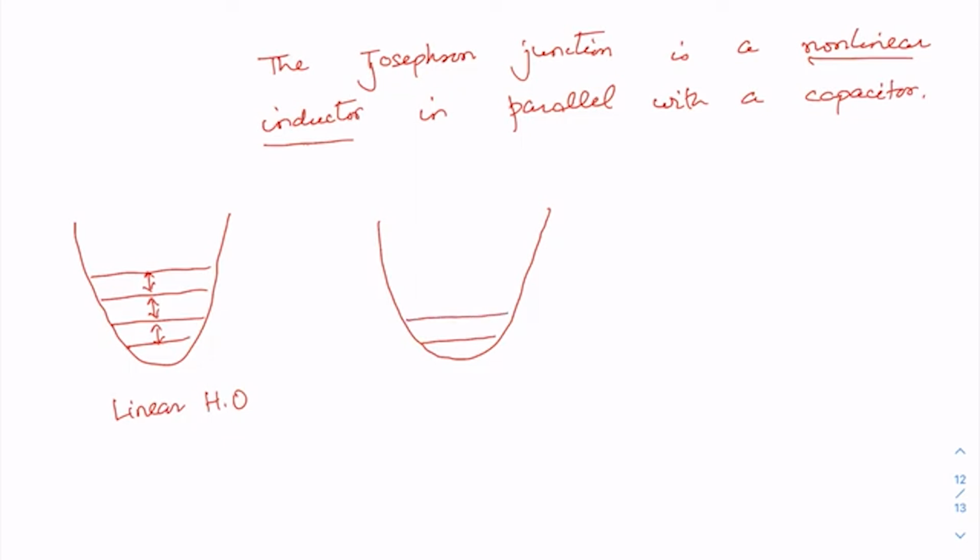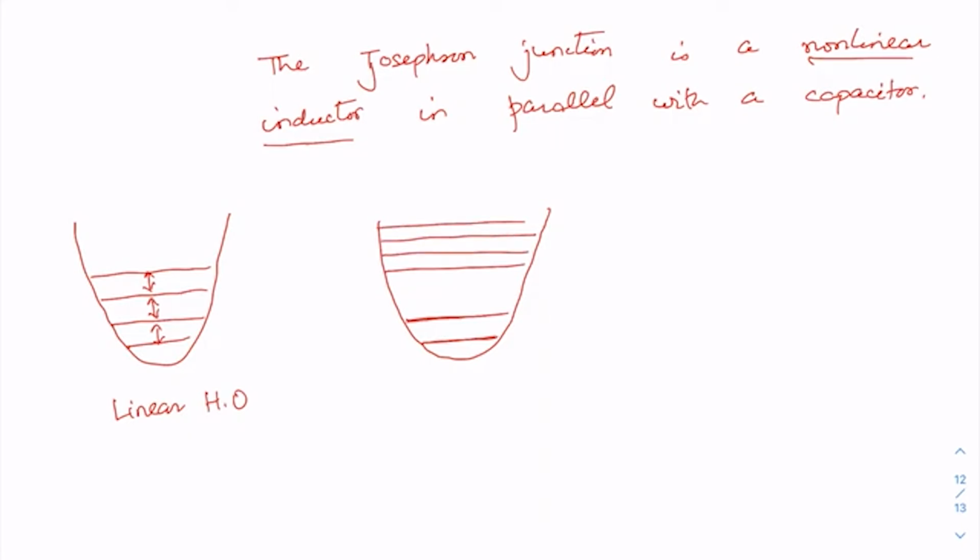Rather, we can choose a specific parameter circuit configuration so that we obtain two low-lying energy states that are separated from all the higher energy levels by a huge gap.